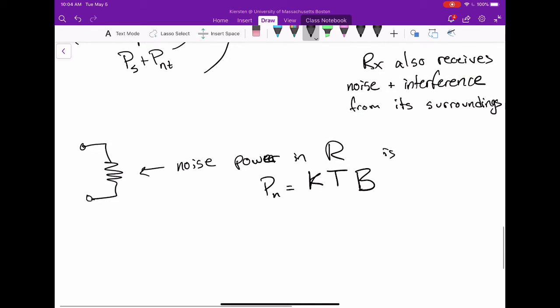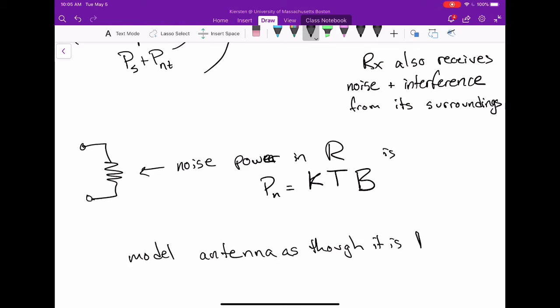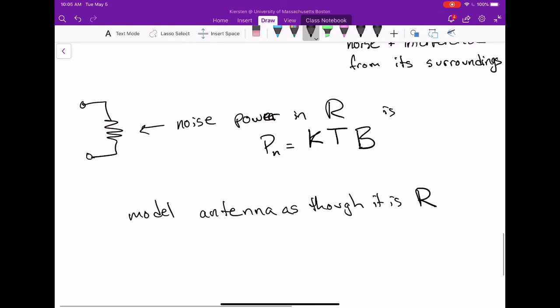Now, our antenna is not a resistor, but in antenna systems, we can model the antenna as though it is a resistor, in which case the noise power from the antenna is Boltzmann constant times the system noise temperature times the bandwidth.